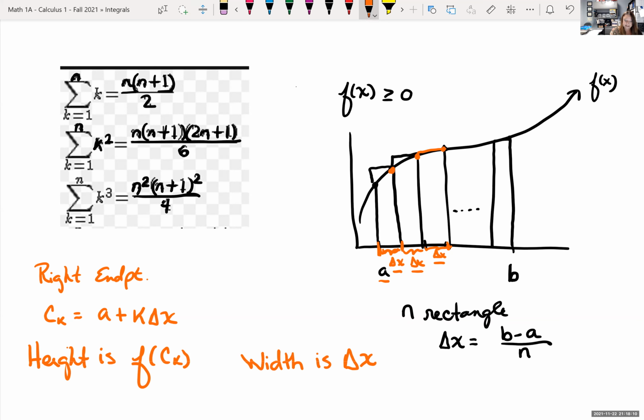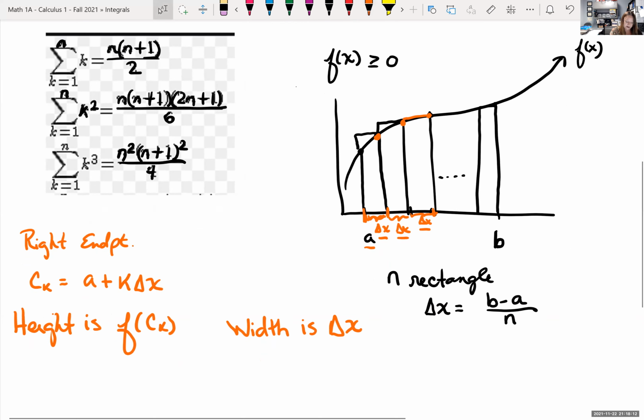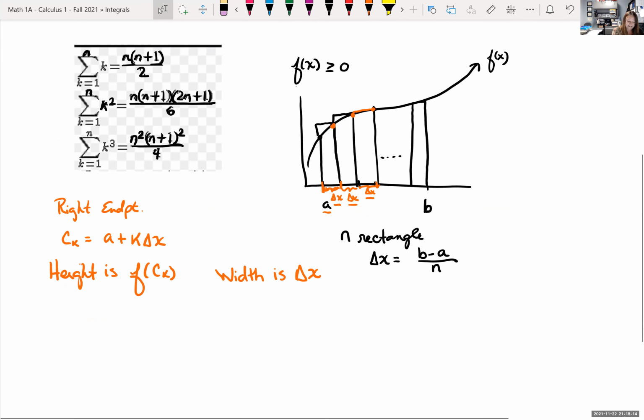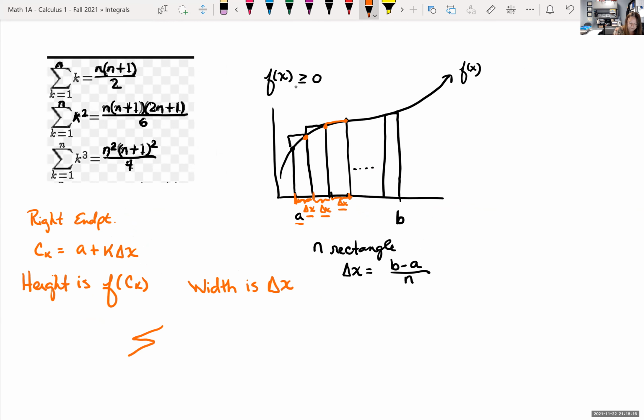So if we want to sum all of these areas, we can write it as the summation of the height, f of C sub k, times the width, delta x. And we're starting when k equals 1.